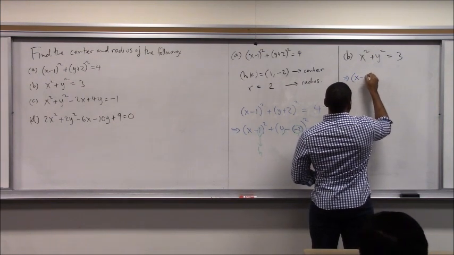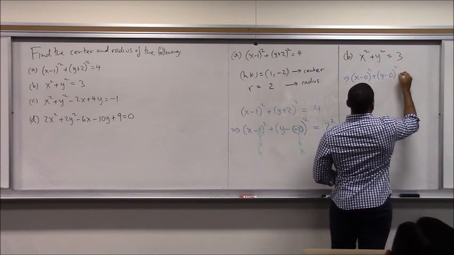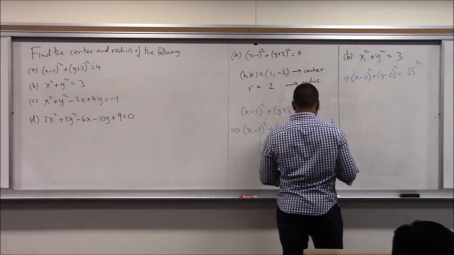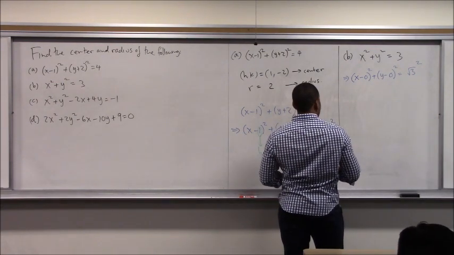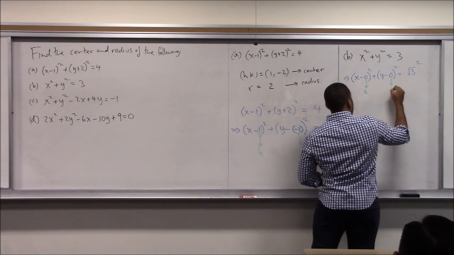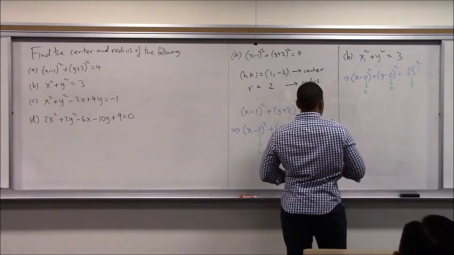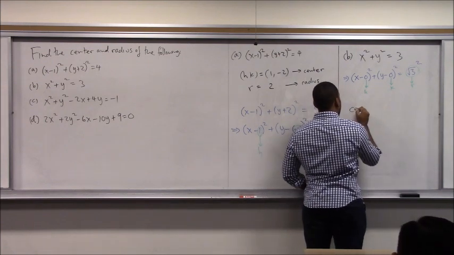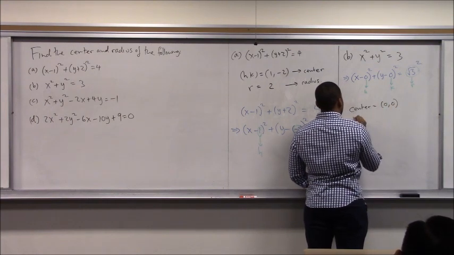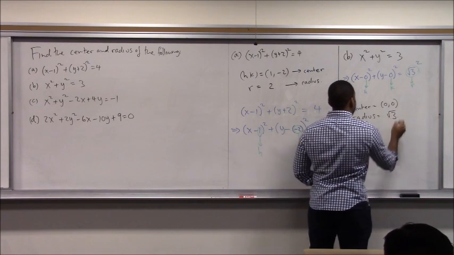So x, I can think of it as x minus 0. The y, I can think of it as y minus 0. And the 3, I can think of it as radical 3 squared. So that's what I see. So here, that's my h. Here, that's my k. And this guy is my r. And so here I'd be able to say the center is 0, 0, and the radius is radical 3.